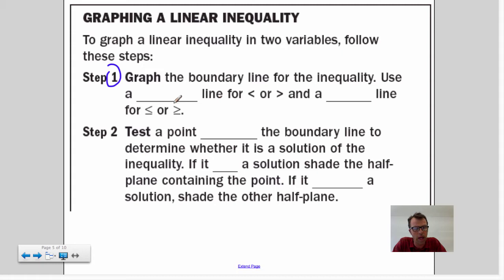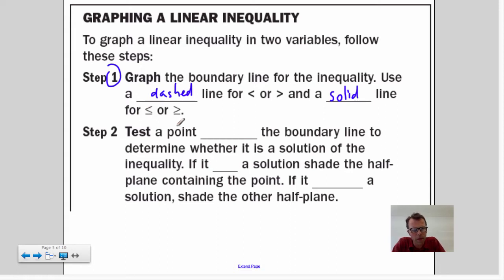And we use a dashed line when we're given an inequality that's either less than or greater than. And we use a solid line for less than and equal to or greater than and equal to. I always remember we make a solid line when there's a line underneath the inequality.